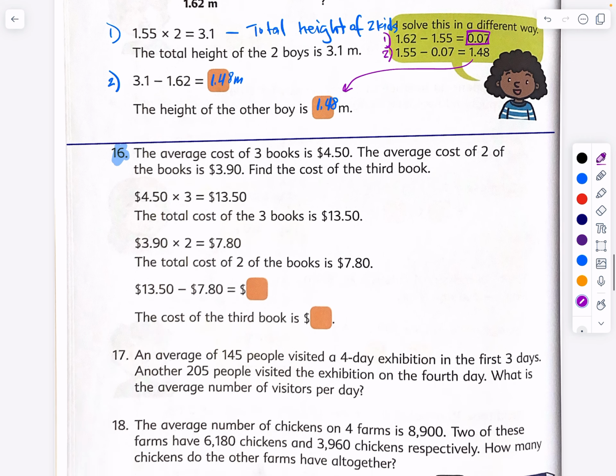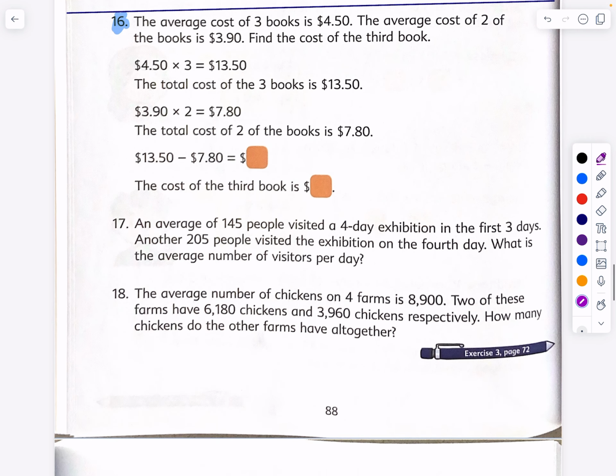Let's try to solve these kinds of problems on our own. The average cost of 3 books is $4.50. So we know that book 1 plus book 2 plus book 3 divided by 3, that's how we calculate average. We add everything up, and we know this average is $4.50.